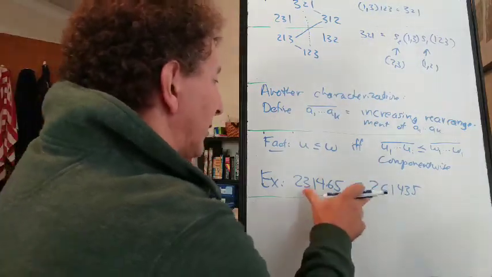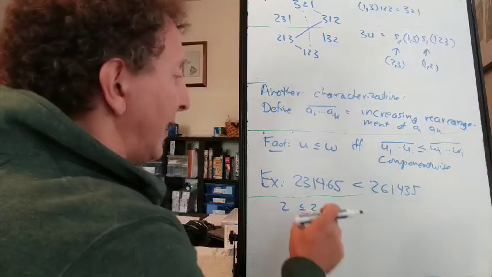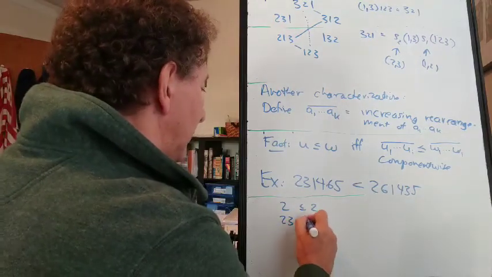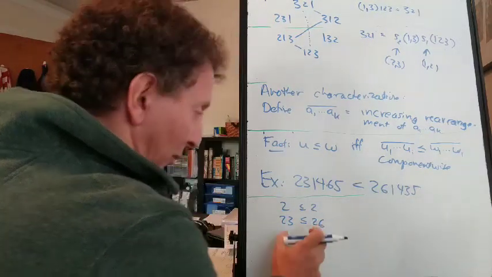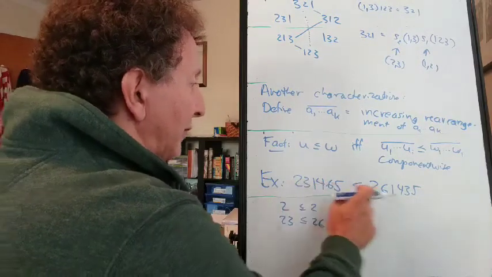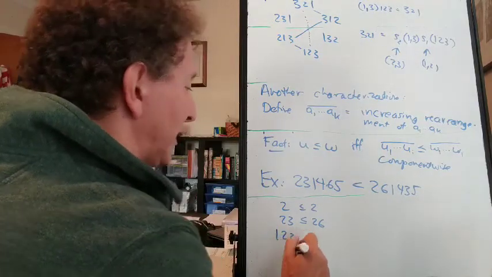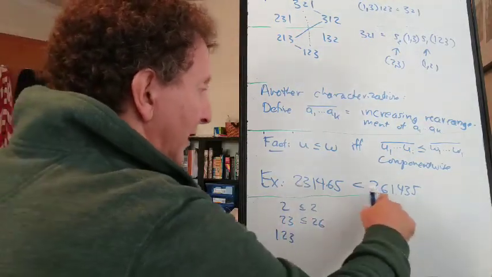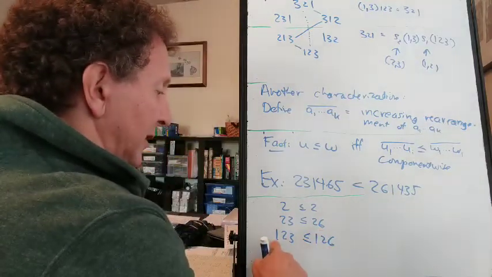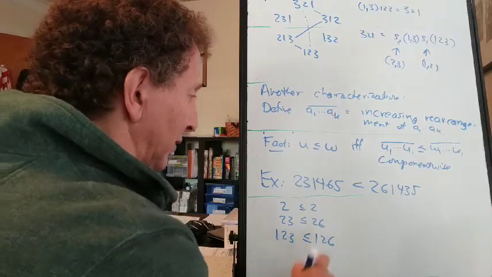So if we look at the one-letter subwords, we have 2 is less than or equal to 2. And then the two-letter subwords, 2, 3, and 2, 6. 2, 3 is less than or equal to 2, 6 component-wise, because 2 is less than or equal to 2 and 3 is less than or equal to 6. Then if we look at the first 3 letters, rewriting them in order we've got 1, 2, 3, and 1, 2, 6. Here, 1 is less than or equal to 1, 2 is less than or equal to 2, 3 is less than or equal to 6.